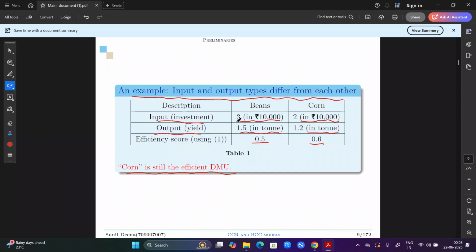For beans the input is 3 in 10,000, the type is currency, unit is 1000, and the same input for corn is also type currency and unit 1000. Now coming to the output, here is 1.5 in ton and 1.2 in ton, so the type is the same and the unit is also the same.